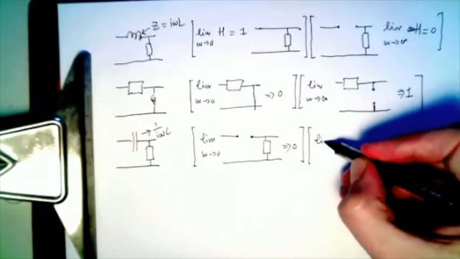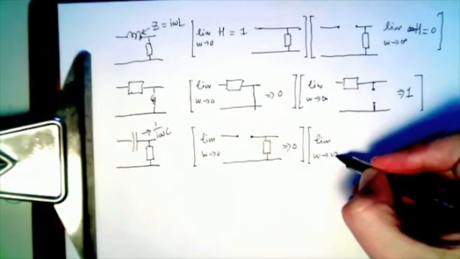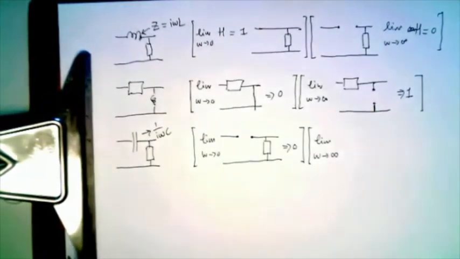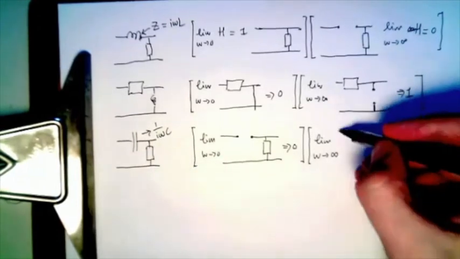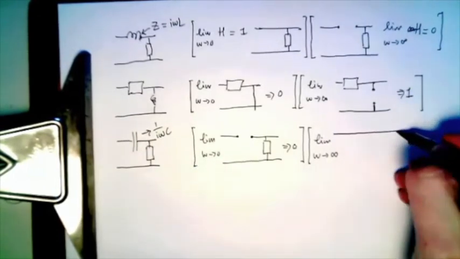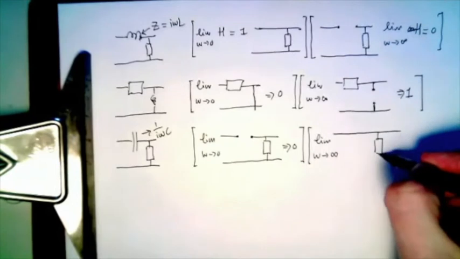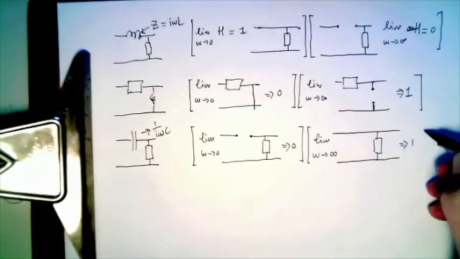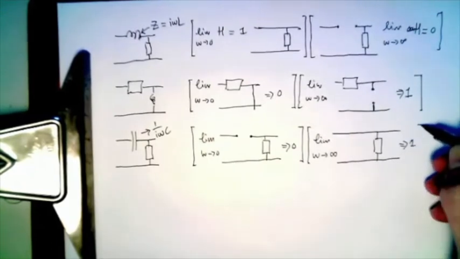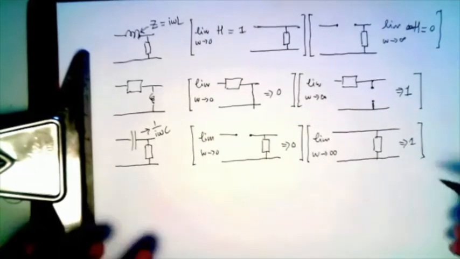The high frequency impedance, frequency goes to infinity. It's 1 over infinity, which is 0. So that's just a wire and a resistor. And that means you get 1. So that's a high pass filter.